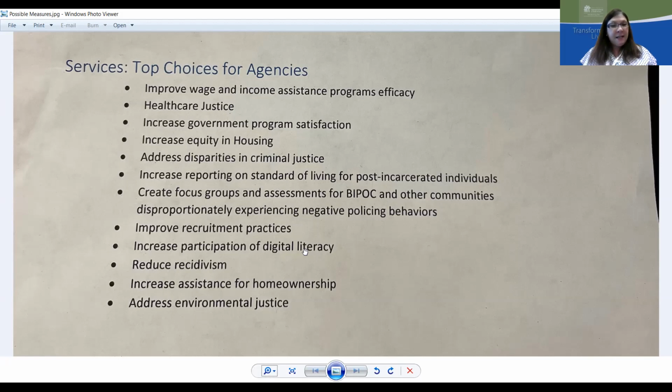Number 9, increase participation of digital literacy. Number 10, reduce recidivism. 11, increase assistance for home ownership. And number 12, address environmental justice.